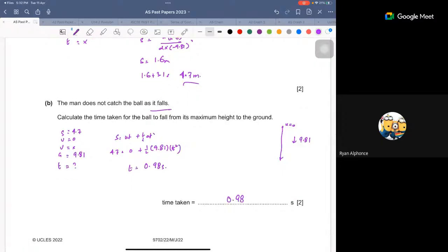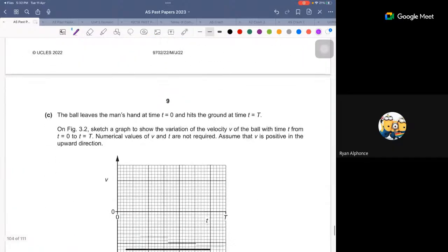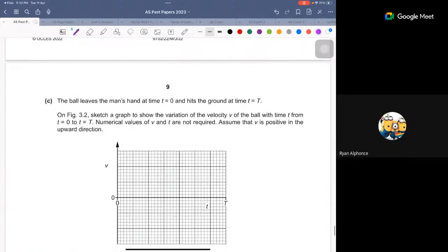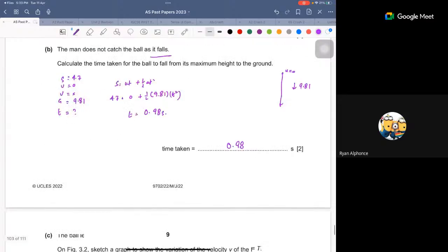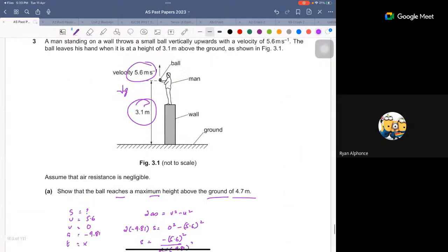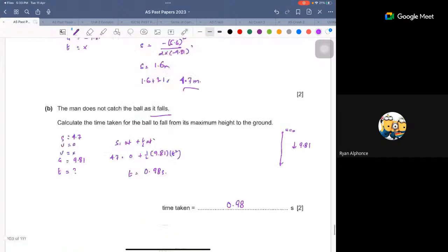Alright. Then the ball leaves the man's hand at time 0, hits the ground at time t. Sketch the graph to show the variation of velocity, and it says assume v is positive in the upward direction. Okay, fine. So basically when he threw it, the velocity was 5.6, right?